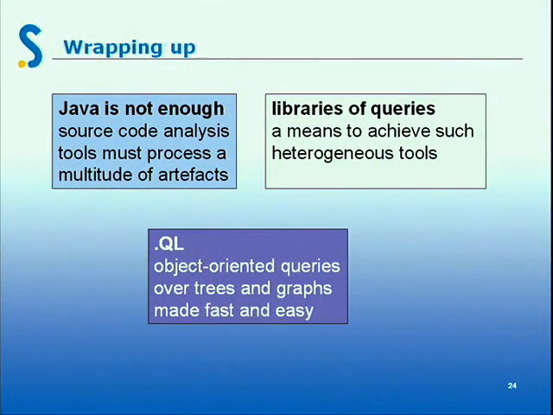Secondly, if you want to do that, it's completely crucial that you have an environment where you can create libraries of queries, libraries that allow you to tailor your querying environment to one particular application. And finally, I've shown you .QL, which is a solution to this problem, an object-oriented query language that makes it easy to write fast queries over trees and graphs.